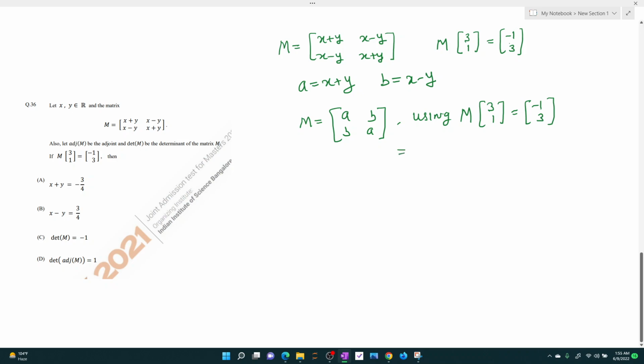We have 3a plus b, the first row, equals minus 1, and the second row, 3b plus a, equals 3, right? So the point here is we can solve these two equations for variables a and b. So let's solve both equations for variables a and b.